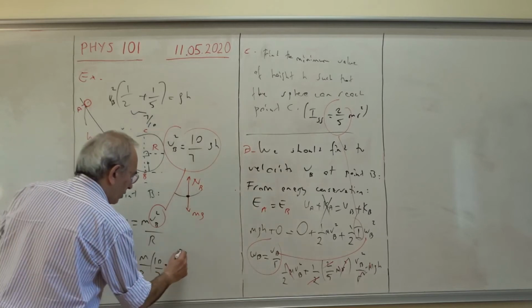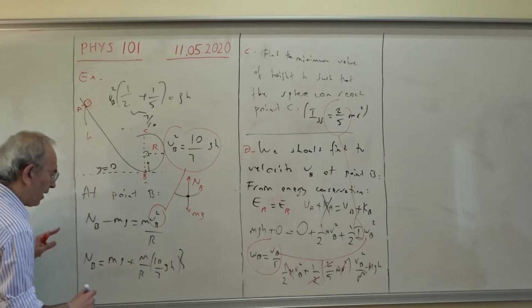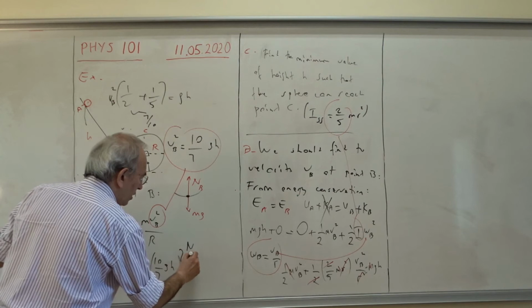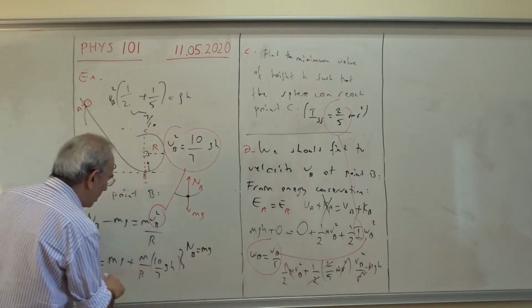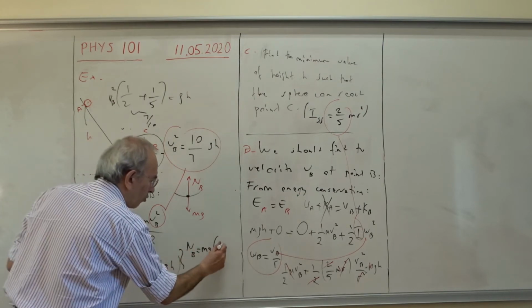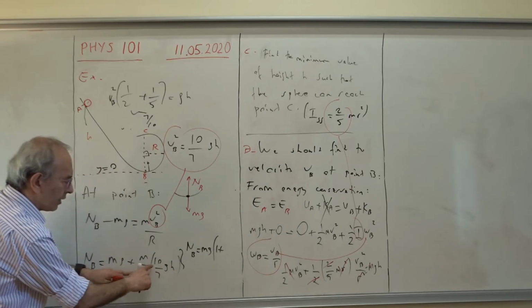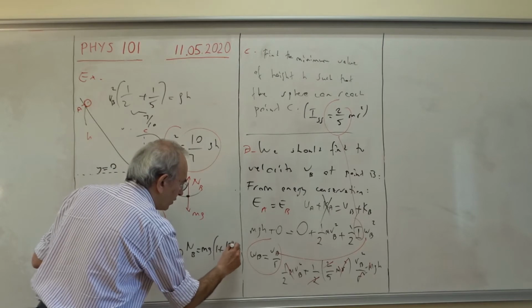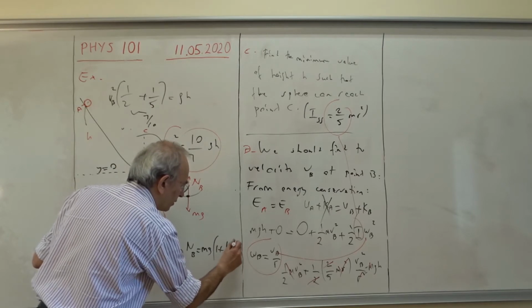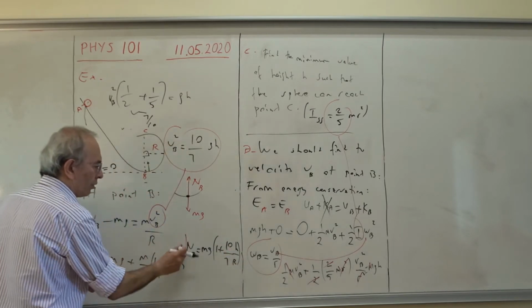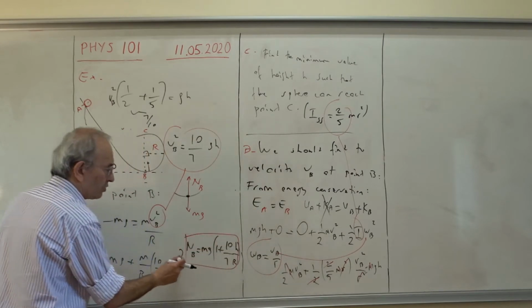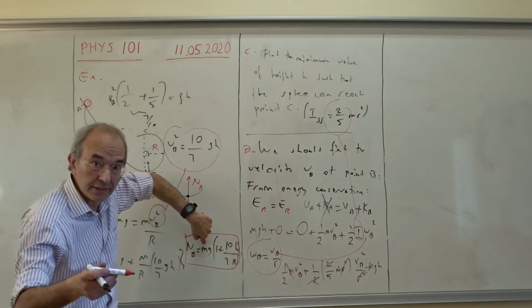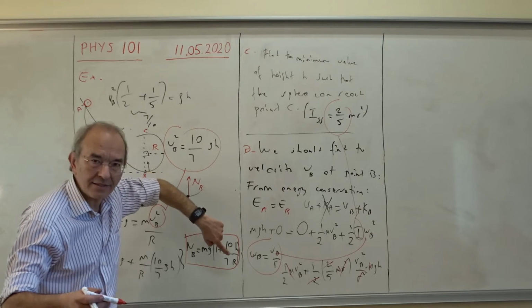Alright, so let's write it in a more compact way. Nb is just mg multiplied by 1 plus 10/7 h over R. So this is the quantity. As you see, of course, it is something greater than the weight.